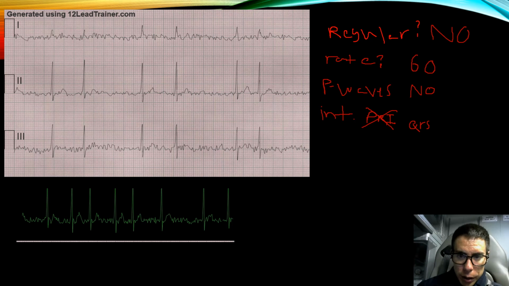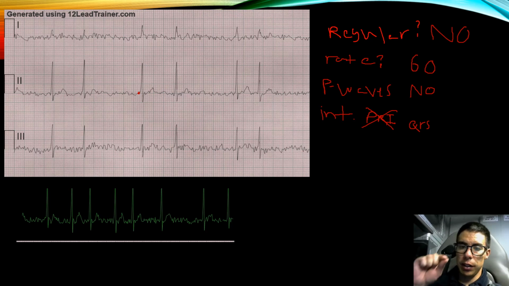So let's just go with the third one on lead 2. So it looks like it starts right there. Now where's our J point? If you remember when we looked at J points in the last video, we have our S wave coming down, and then it comes back up to baseline, and when it first goes horizontally from there, that'll be our J point.